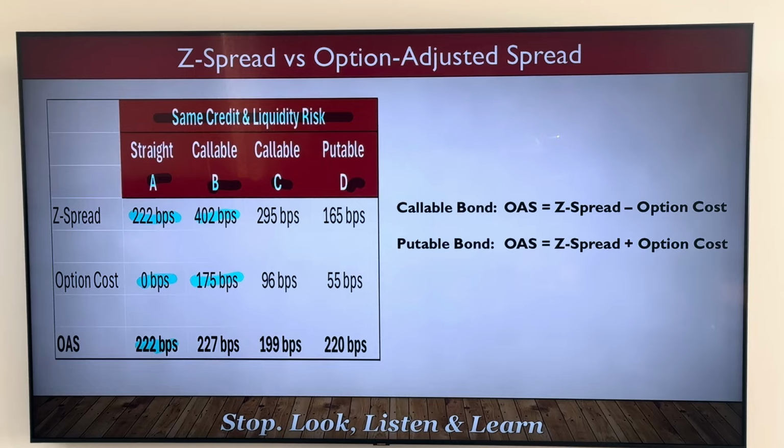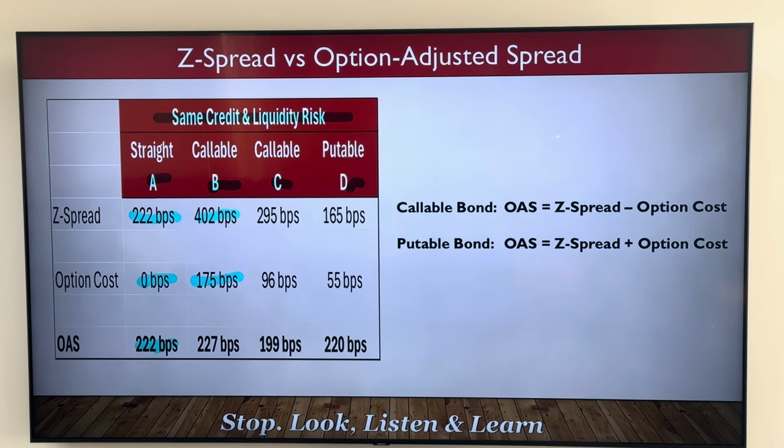Essentially, you're going to say, okay, with respect to bond B, I'm getting a Z spread of 402 basis points, but of that 402 basis points, 175 basis points is attributable to the option that is embedded in that bond.